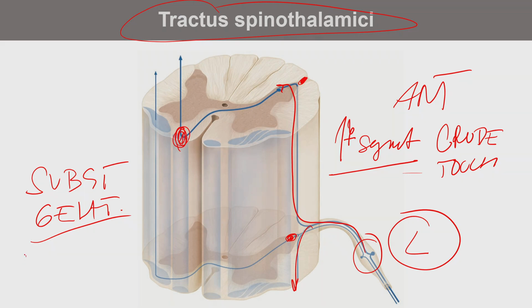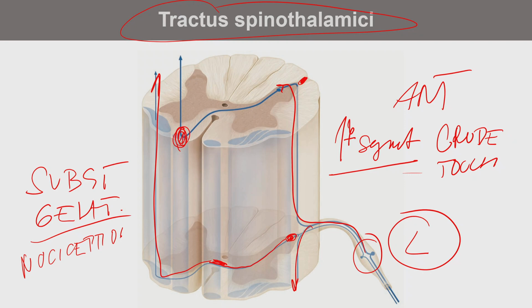This is called nociception. And it's relayed, and then the axon of this second neuron is going up to the other side, crossing the midline, and then going upwards to the brain, to the thalamus, in the lateral spinothalamic tract.